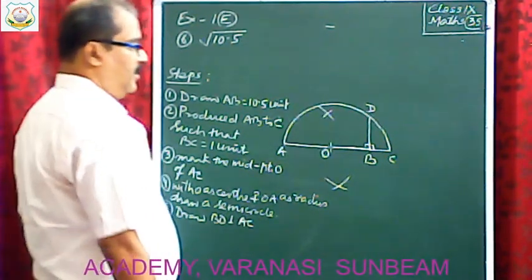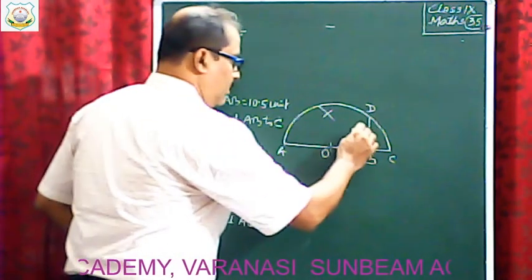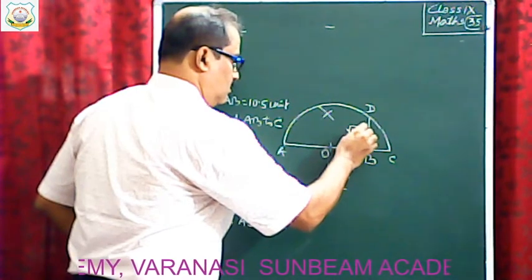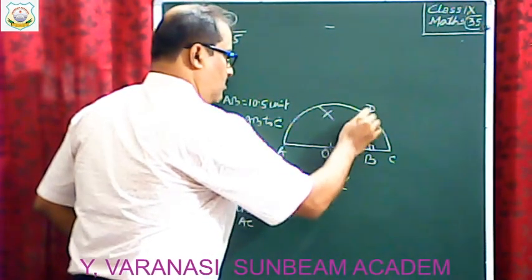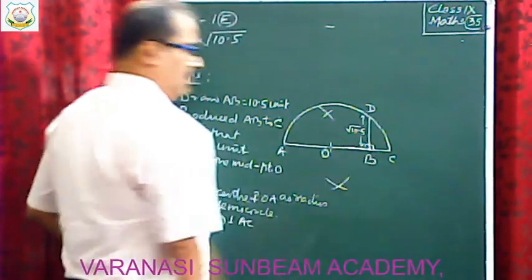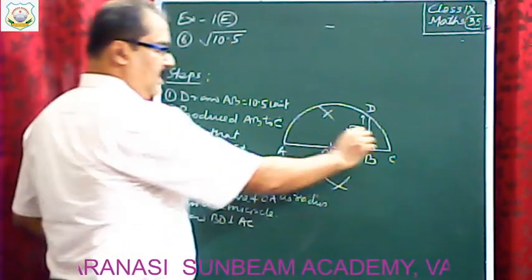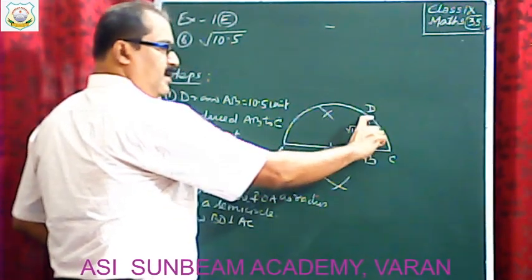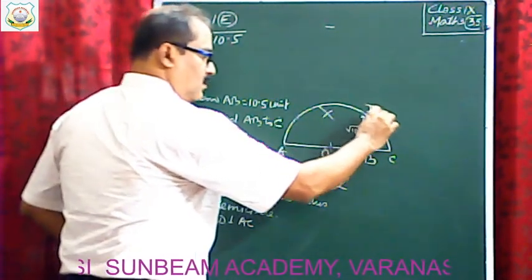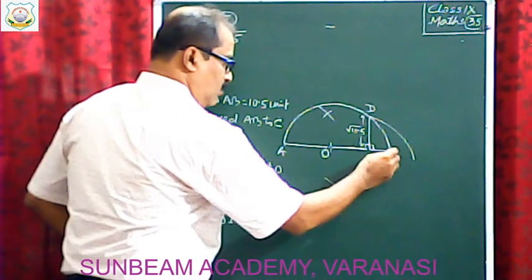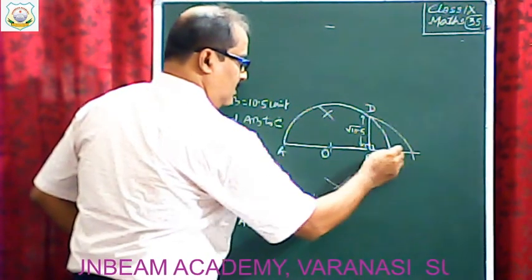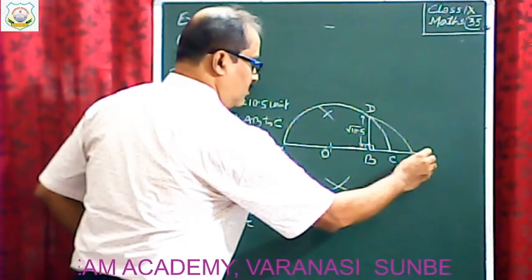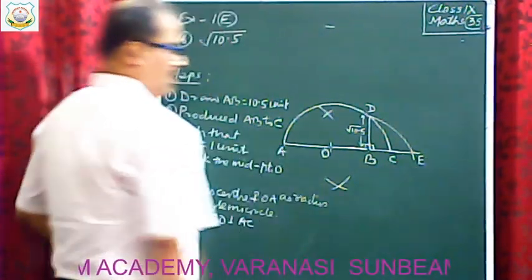The length of the perpendicular is square root 10.5 unit. Now thereafter, with B as center and BD as radius, draw an arc intersecting AC produced.